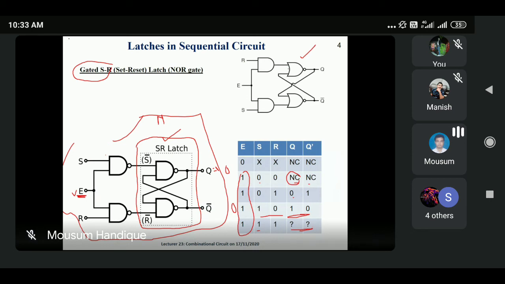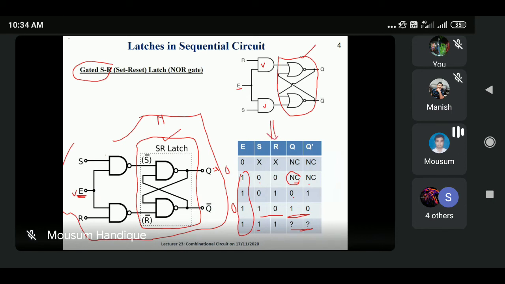Same thing if we are applying the NOR gate. So this one is the simple NOR latch, and this particular NOR latch is connected with two AND gates. And extra, we are using the enable. And if you apply this particular circuit, the same state table is generated.